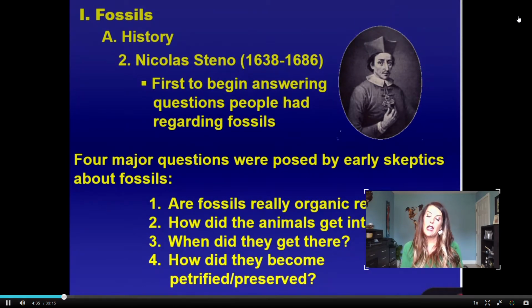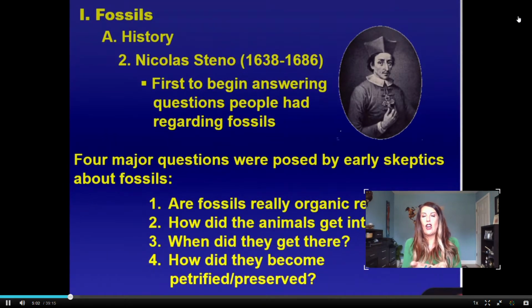So Nicholas Steno, as he's digging those ditches, is noticing the layers of the sediment, and he's asking questions about the organization of that sediment, but he's also asking questions about some fossils that he discovered. And so the first thing that he is asking is, when he's finding these teeth that look like shark's teeth, how is this even possible?